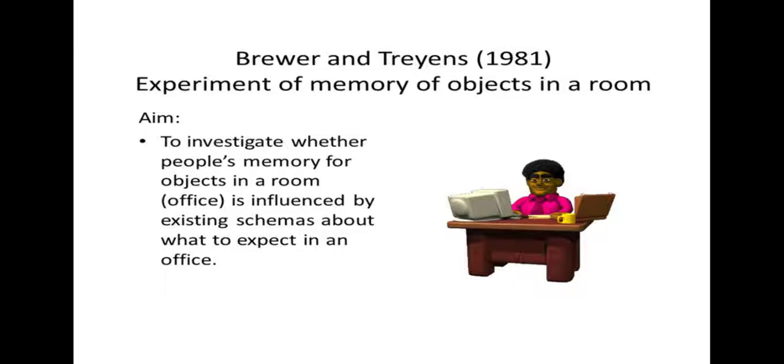And it's basically a very simple experiment of memory of objects in a room. Okay, and it's to investigate whether people's memory for objects which were in a room, in an academic's office within a university, is influenced by expected and existing schemas about what you expect would be in an academic's office.